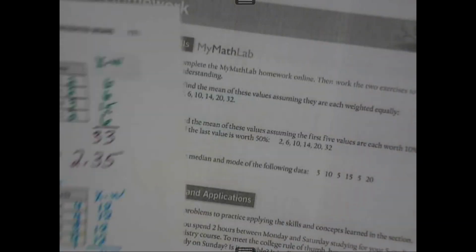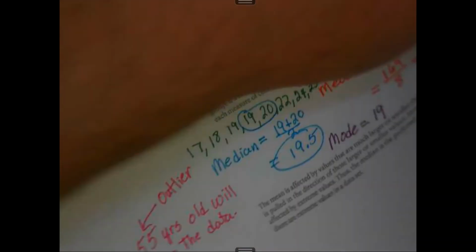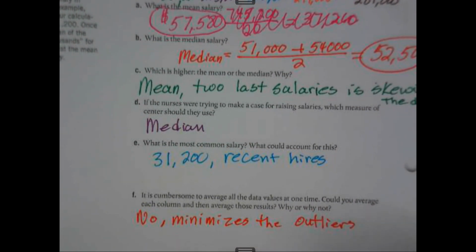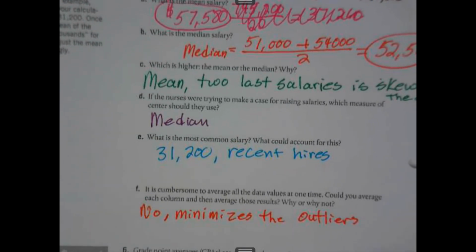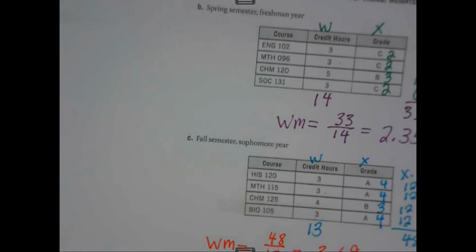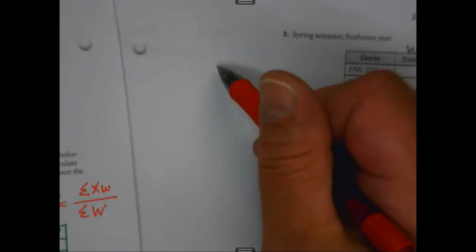And I think, what was the other question they wanted us to do? Also calculate the cumulative GPA for each semester, starting with the second semester. Cumulative, so the first one was 1.94.